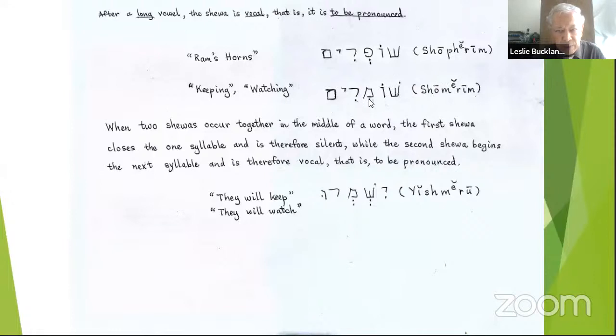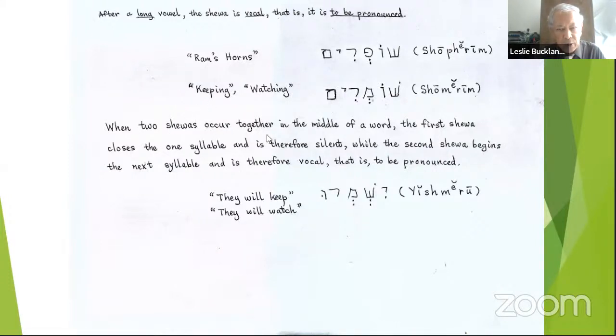And there is the simple shiwa under the mem, that is our English M. Shomerim. And so you pronounce this simple shiwa because immediately before it is a long vowel. So after a long vowel, the shiwa is vocal, that is, it is to be pronounced. Shofarim, shomerim.